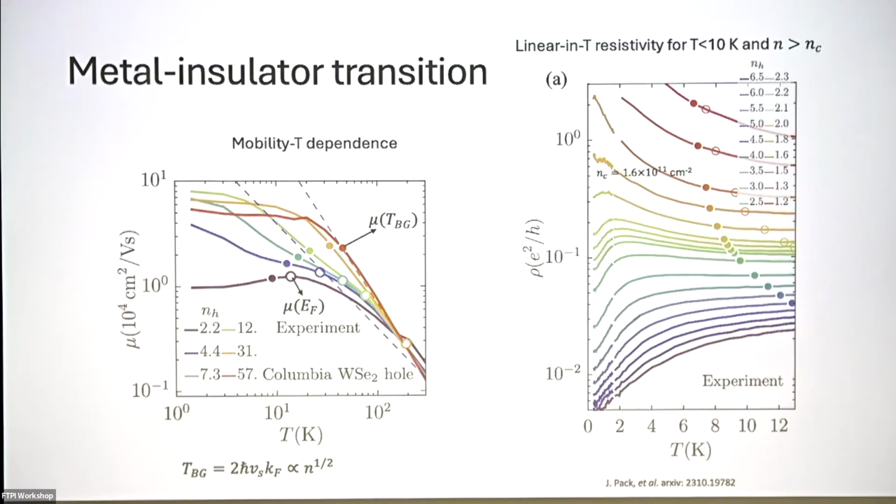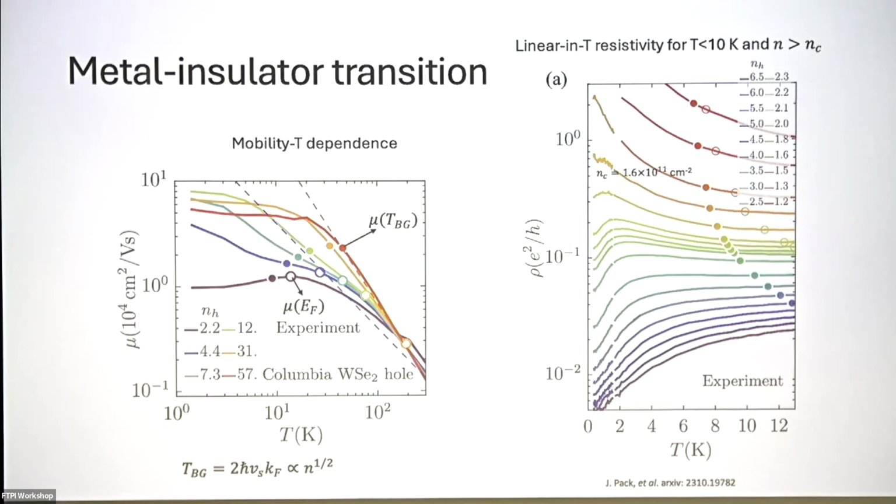However, we also see that at this density, if you go to zero temperature, the resistivity goes to roughly h over e squared. This usually indicates that disorder-induced Anderson localization will also give rise to a roughly equal critical resistivity of h over e squared.